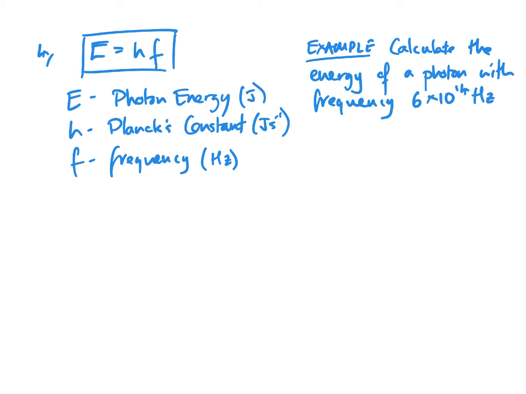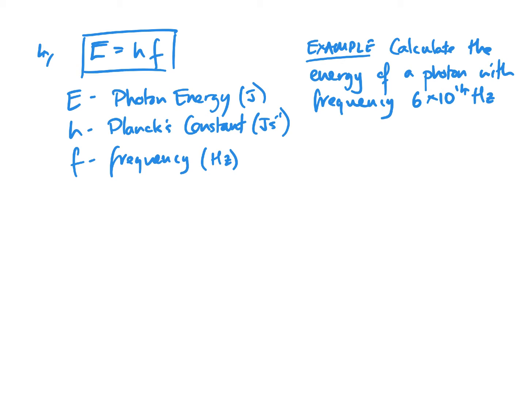So visible light tends to be of that sort of order of magnitude, 10 to the 14 hertz. Usually between round about 4 times 10 to the 14 and 7 times 10 to the 14. When you get higher than that, you're going into ultraviolet light. So this 6 times 10 to the 14 would probably be somewhere round about blue.